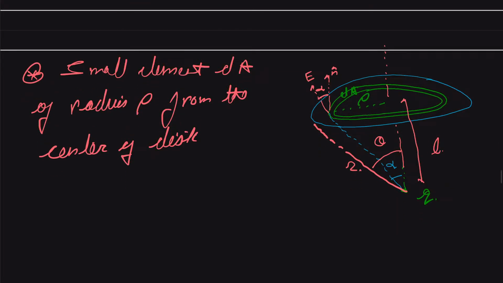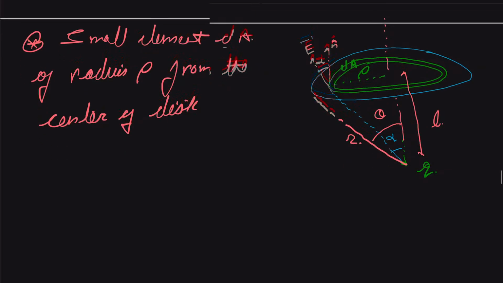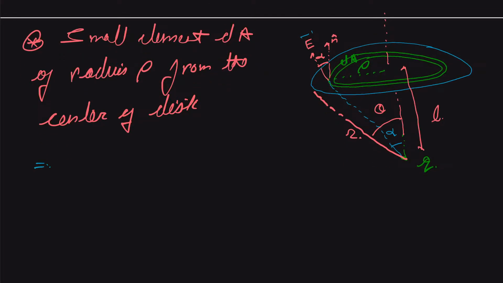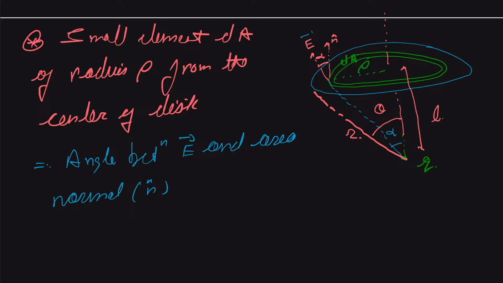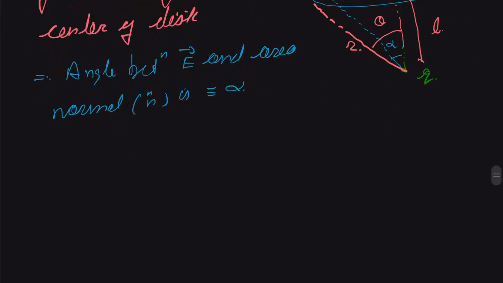And the angle between the electric field and the normal is alpha. You can say the angle between the electric field and the area normal, which is denoted as n unit vector, is alpha.